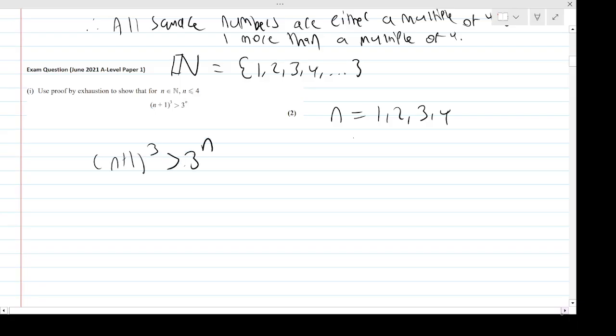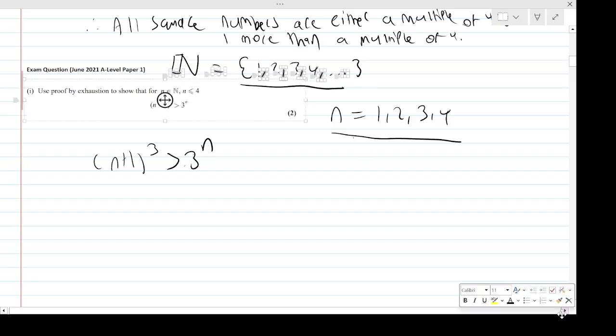This is where exhaustion kicks in, because you only need to consider these 4 numbers. As we discussed, that's what that notation means. Really the difficulty is understanding the notation, but there we are.